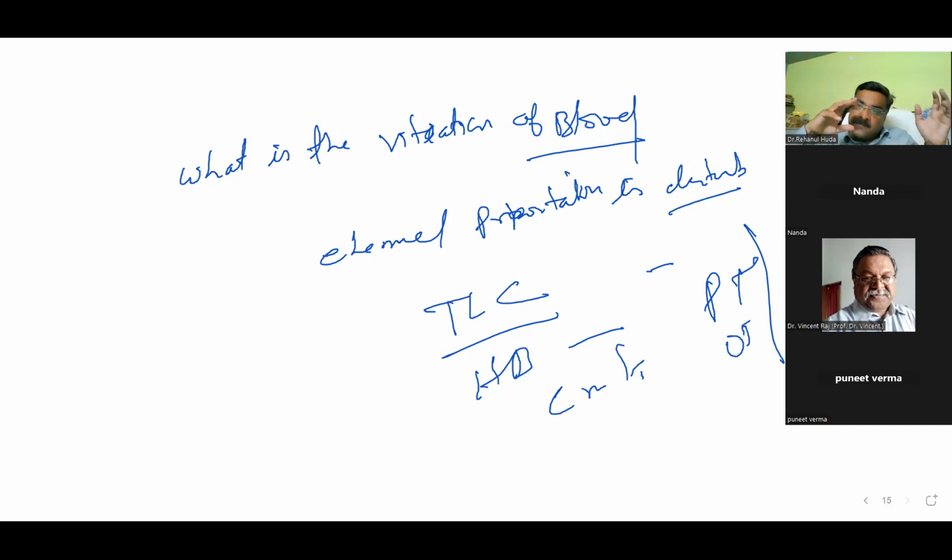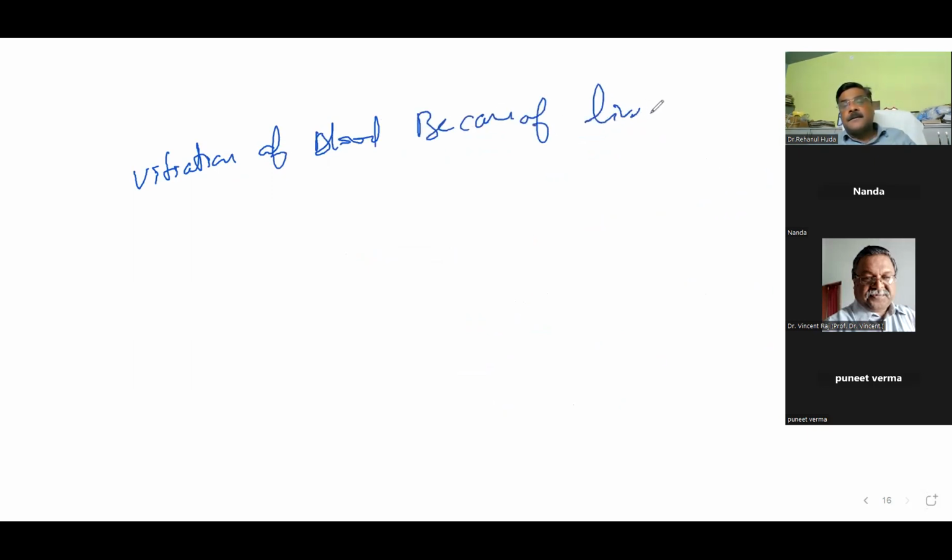Here, with this 5-element concept, we are trying to find out which kind of vitiation is there in the blood. Is this vitiation of blood because of the liver?